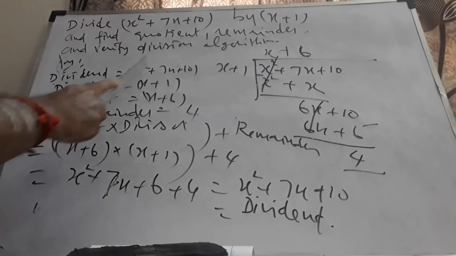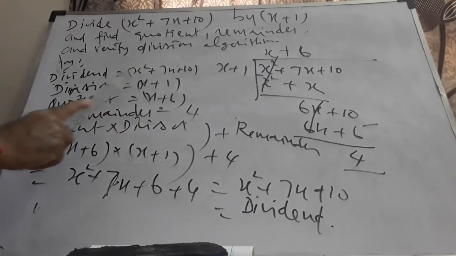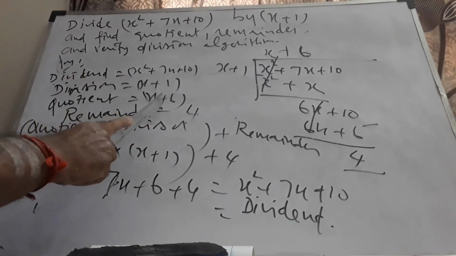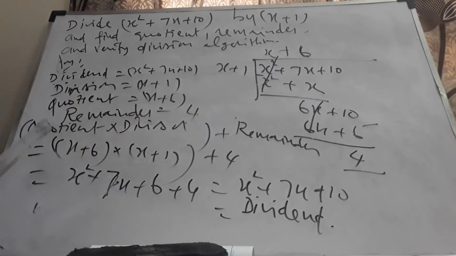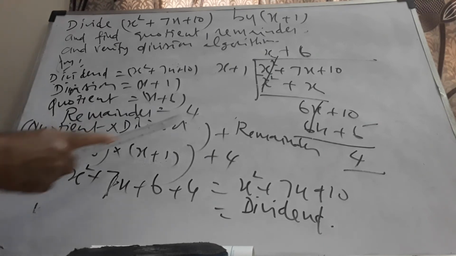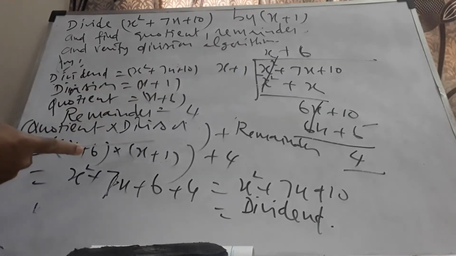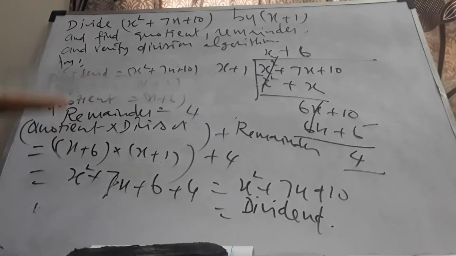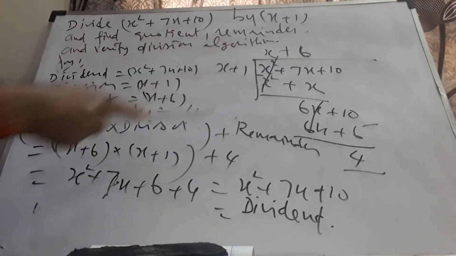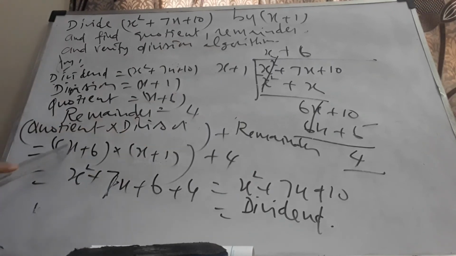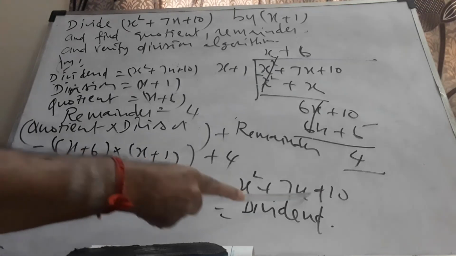My dividend is x square plus 7x plus 10. My divisor is x plus 1. My quotient is x plus 6, remainder is 4. Quotient into divisor plus remainder; by mistake I wrote remainder earlier, I'm sorry. The quotient is x plus 6. Divisor into quotient or quotient into divisor, either way you can write, it doesn't matter. x plus 6 into x plus 1 plus 4 is x square plus 6x plus x is 7x, 6 into 1 is 6, 6 plus 4, x square plus 7x plus 10.